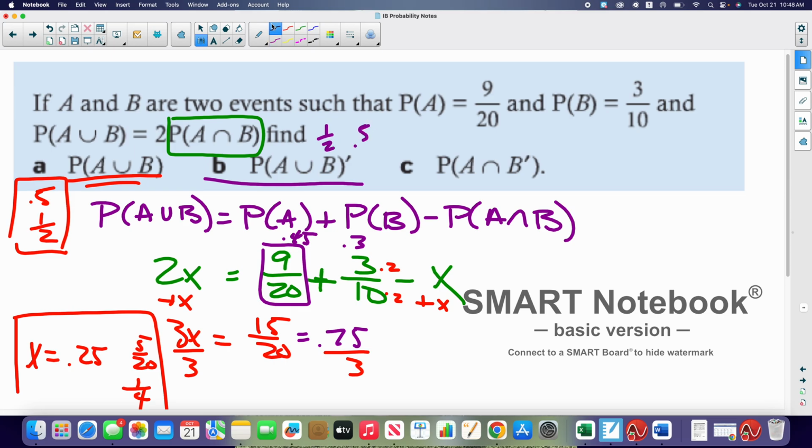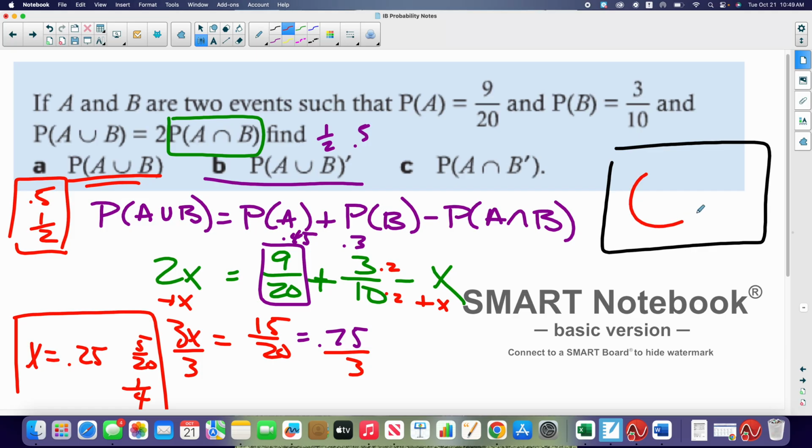Now, let me do this real quick. Before I get to this last one, I think the Venn diagram is going to help pull all of this together. If I were to do a Venn diagram, I have A here, and I have B here. The first thing that we did is we found this right here, which was the intersection. So this is 0.25 that goes there. You could do it in fractions as well if you like. If this is A and this is B, then the probability of B was 3/10, or 0.3.